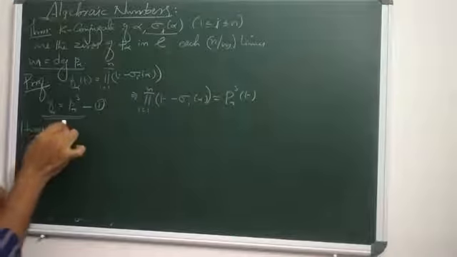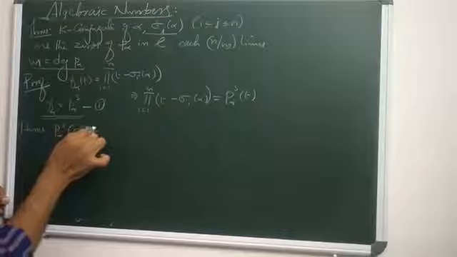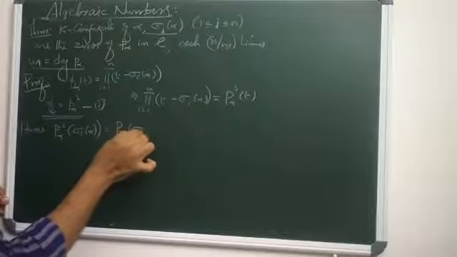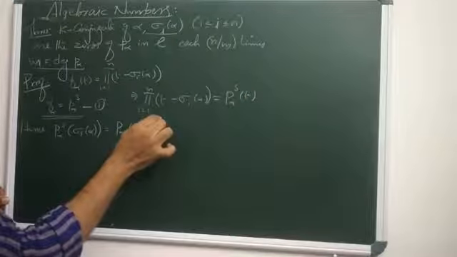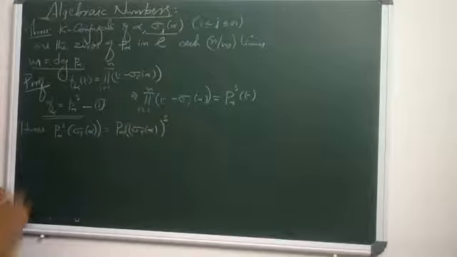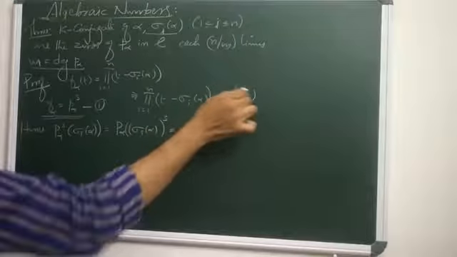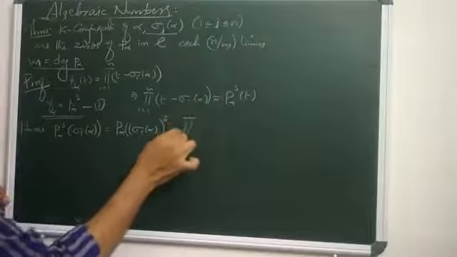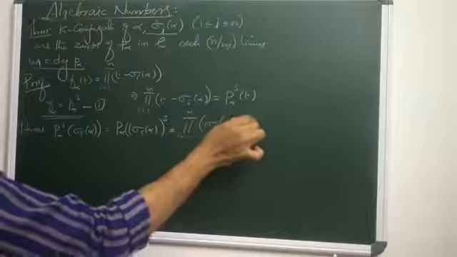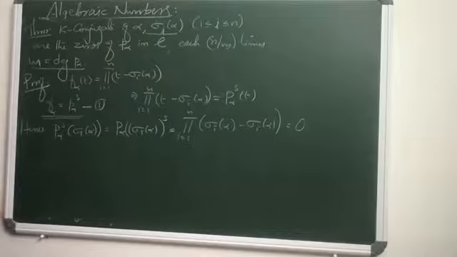Hence, what is p alpha power s of sigma I alpha? P alpha power s of sigma I alpha is nothing but p alpha of sigma I alpha all power s, that equals the product I ranges from 1 to n, where t is replaced by sigma I alpha. So sigma I alpha minus sigma I alpha equals 0 itself.